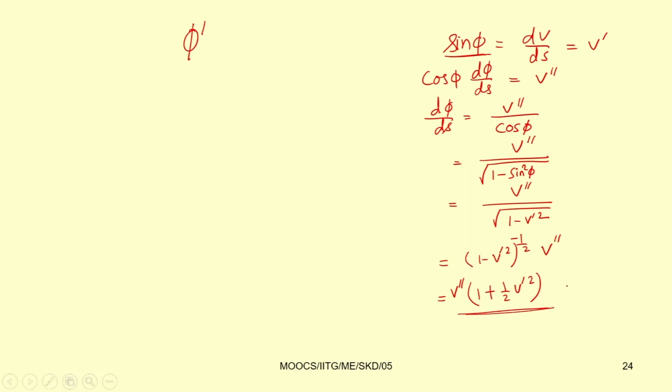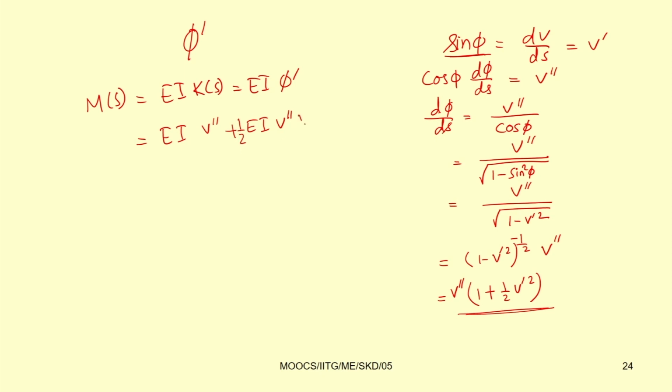Previously you have seen the moment equal to EI Ks, that is nothing but EI phi dash. This can further be written as EI v double dash plus EI v double dash into half v dash square.